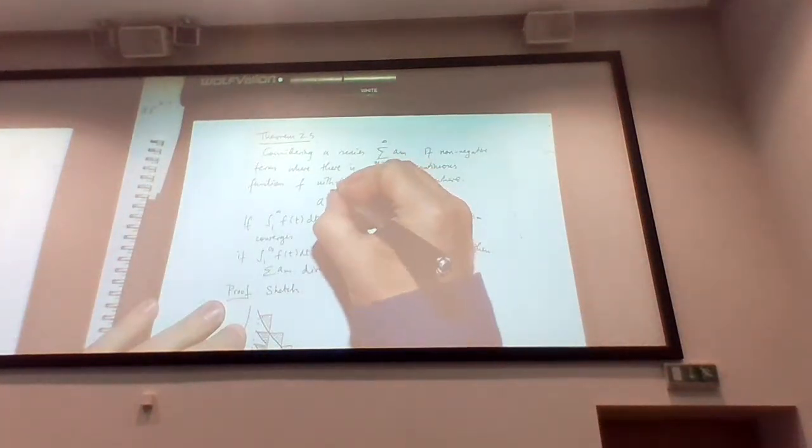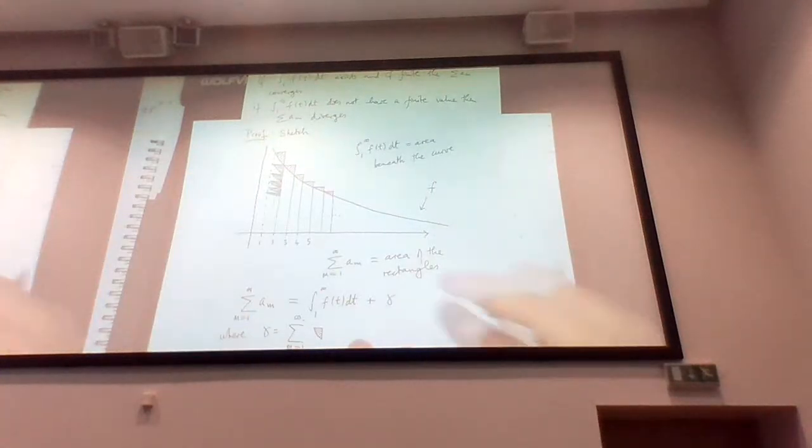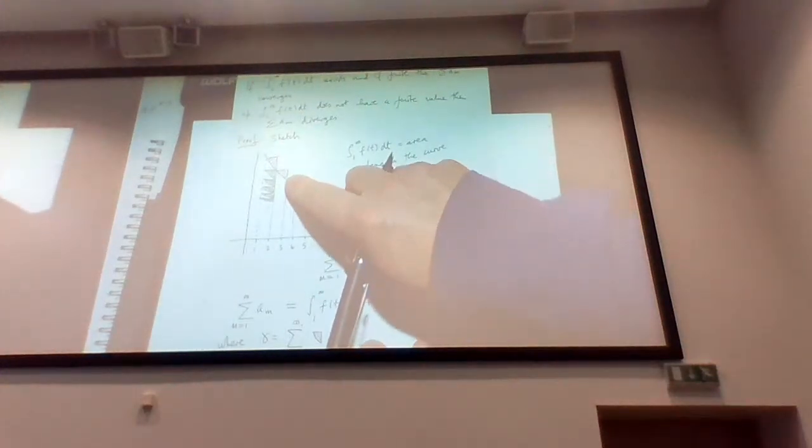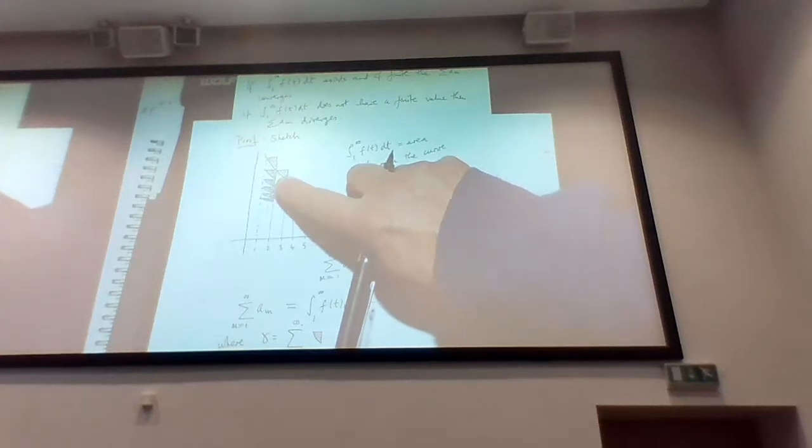I should say, maybe up here, it should be strictly decreasing. The function is decreasing, so each red protrusion bit never overlaps with the one below it when you slide them horizontally to the left. Okay?